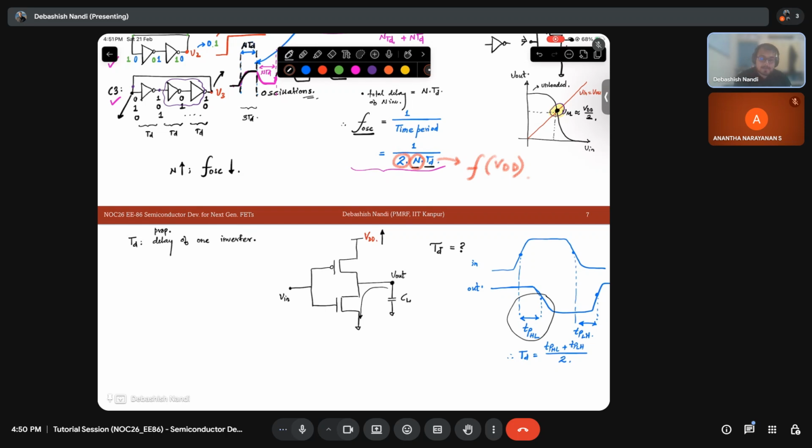And when output is going from low to high, CL is getting charged from VDD. So this PMOS is related to TPLH and this NMOS is related to TPHL.